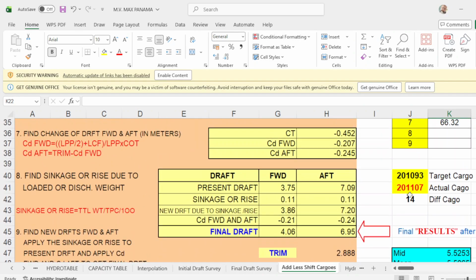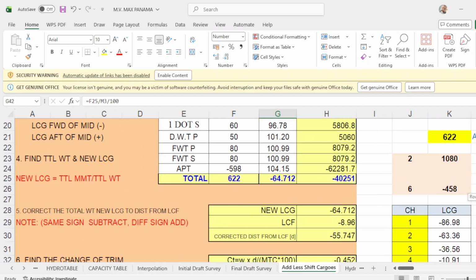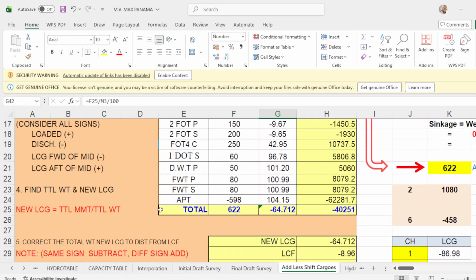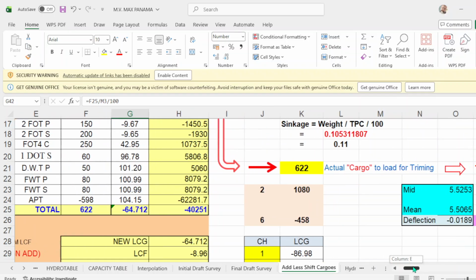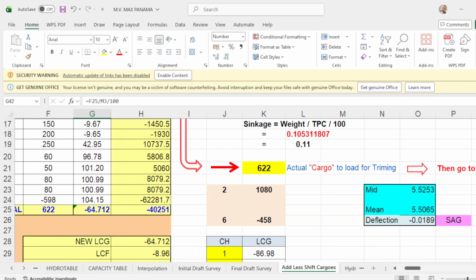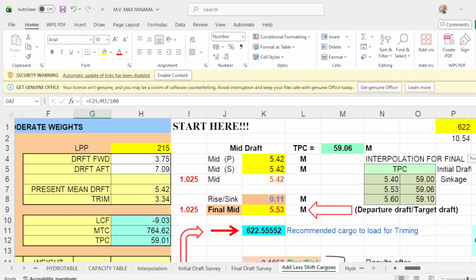Sinkage here, click this one. So your F25, that is your weight, F25, okay, divide your TPC M3, this M3, TPC M3, this one M and 3, divide 100.